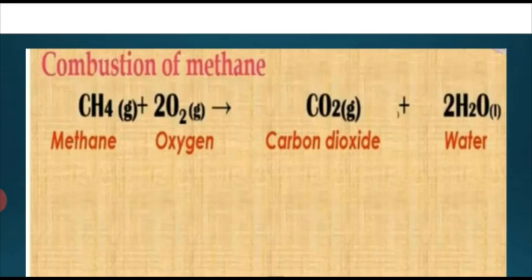The elements which undergo reaction, the reactants, are shown on the left hand side of the arrow, and the products are shown on the right hand side of the arrow. This arrow mark indicates the direction of the reaction. That is the equation CH4 plus O2 gives CO2 plus 2H2O. This is the equation for combustion of methane.